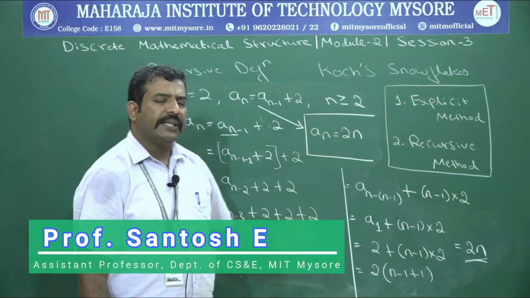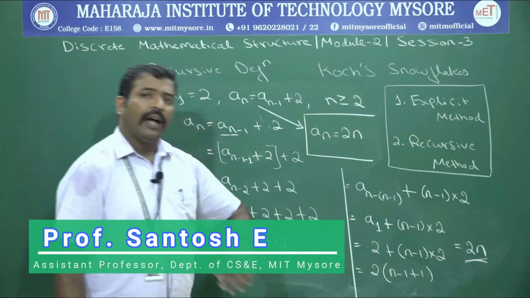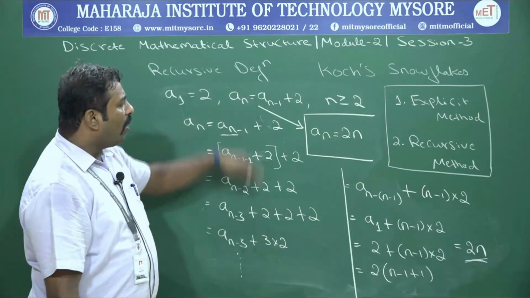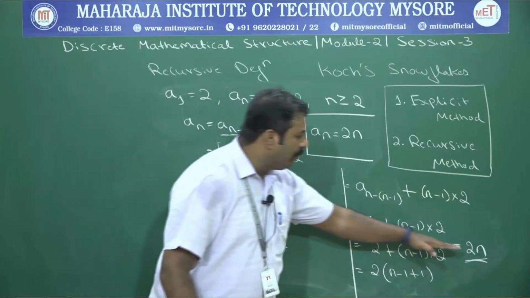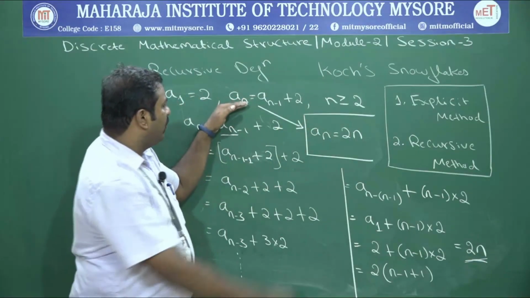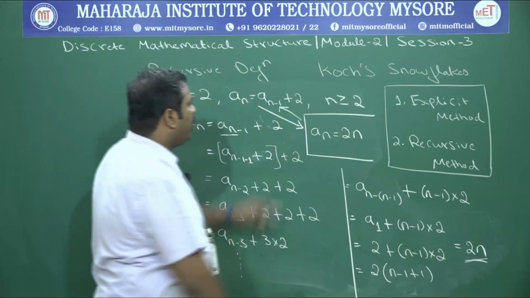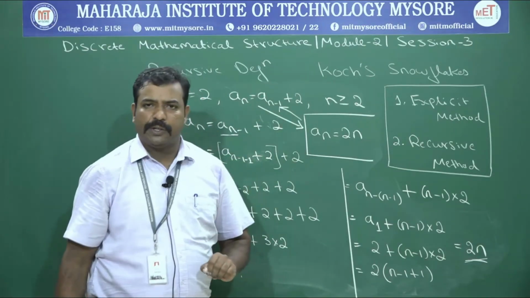You should know what the explicit method is and understand what the recursive method is. And along with that, make sure you understand how we convert an explicit method, that is an equals 2n, to a recursive method. You should know both ways. Fine, and you should know how to convert a recursive form into an explicit form.